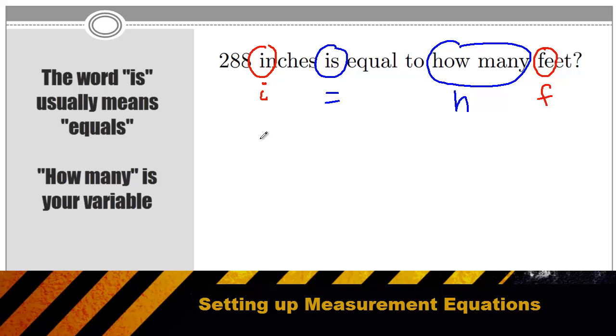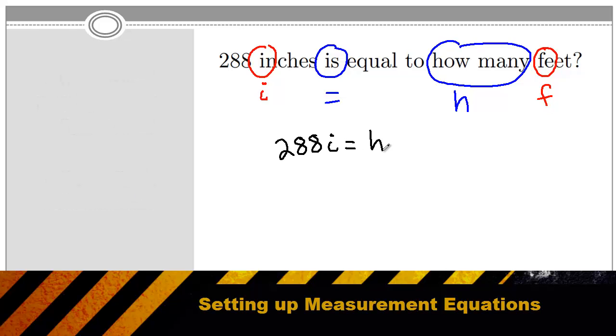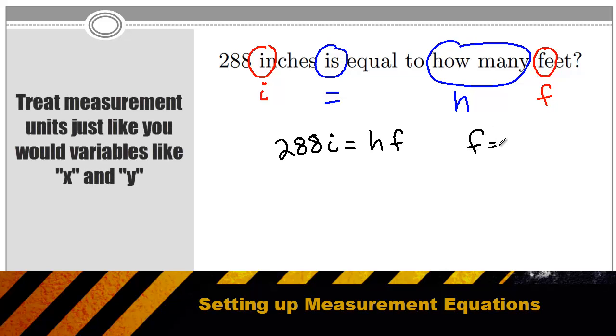So going just word for word down this sentence, I could write the equation that 288i is, that's my equal sign, how many, that's h, feet. I can also write the equation that 1 foot is equal to 12 inches. From there, I'm going to solve using normal algebraic substitution, taking my 12i and substituting that in for my f.